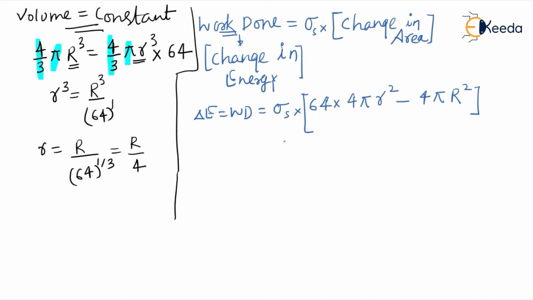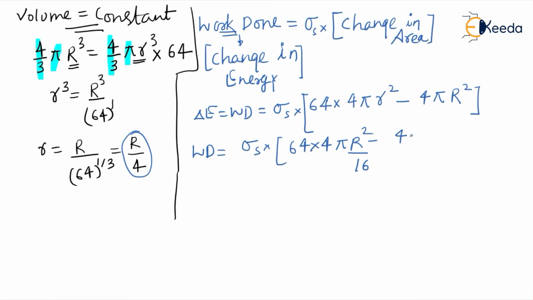Now we can further simplify it. The work done will be equal to sigma s times 64 into 4 pi r square minus 4 pi R square. Now this small r we can convert into capital R. Small r can be written as R by 4, so I will write here R square upon 16.